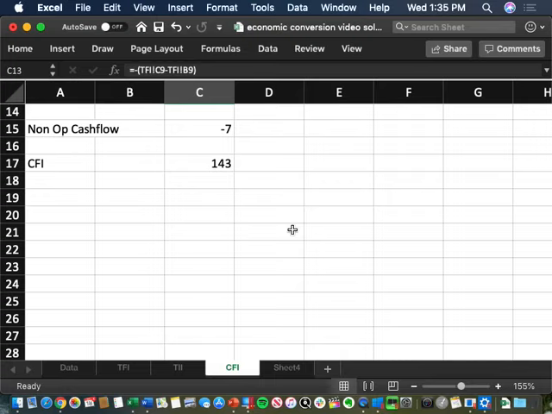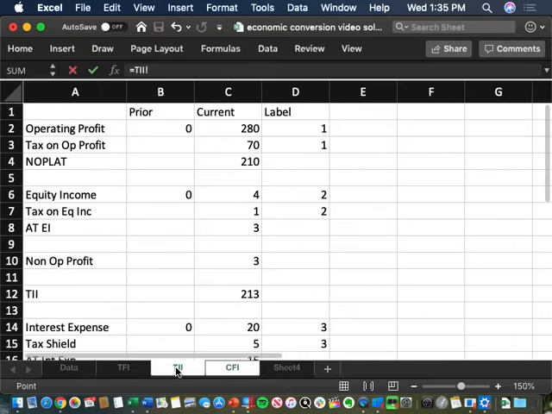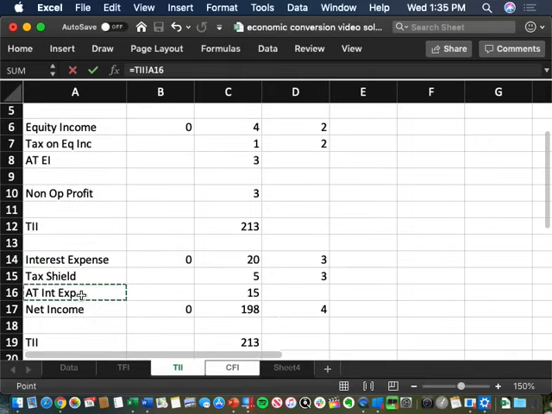There involves 2 tricks on this side of the statement. And if you don't follow the 2 tricks, which are explained in the book, you'll never get the statement to balance. So let me give you trick number 1 and 2. Starting with the debt payments off the income statement, which is the after-tax interest expense.